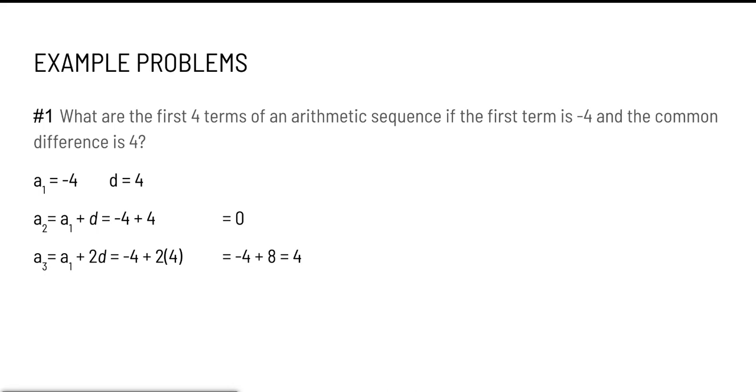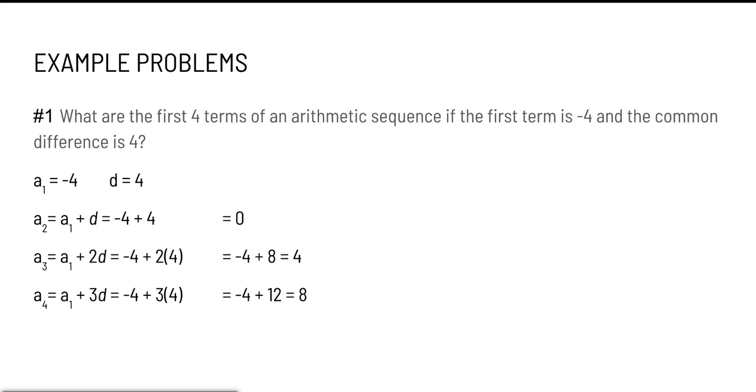If we substitute it, it's -4 plus 2 times 4, which is equal to -4 plus 8, which overall equals 4. Now, finding our last term, a sub 4, which is equal to a sub 1 plus 3d, which is equal to -4 plus 3 times 4. It simplifies to -4 plus 12, which is equal to 8.